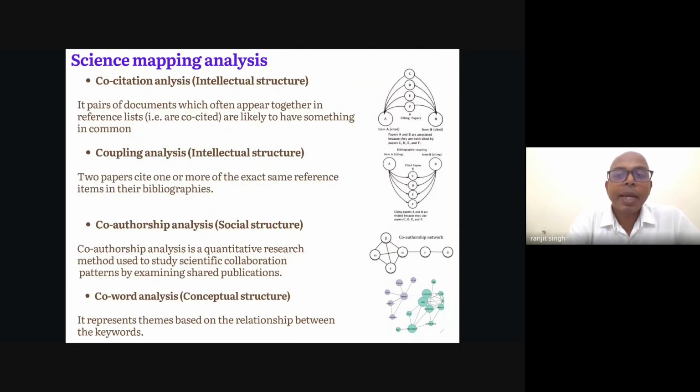Next is science mapping analysis, because this is a very crucial aspect of bibliometric analysis. If you go with only performance analysis, then the article will be rejected, because your focus should be less on performance analysis and more on science mapping analysis, because no one is interested in numbers. Everyone is interested in themes or the intellectual structure, how the concept has been developed.